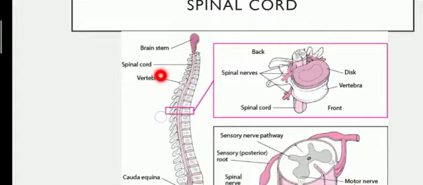The spinal cord is protected by a bone cage, which is named the vertebral column.